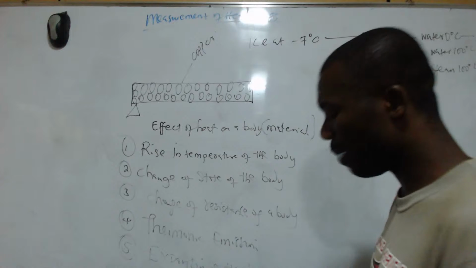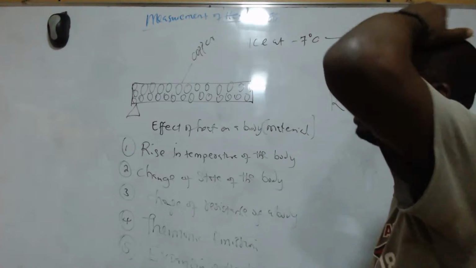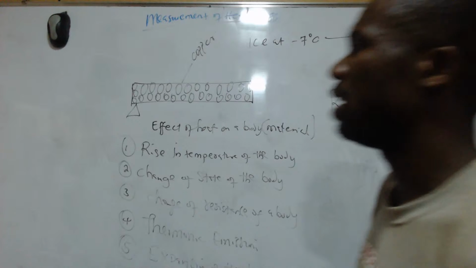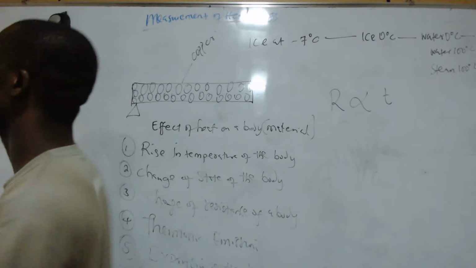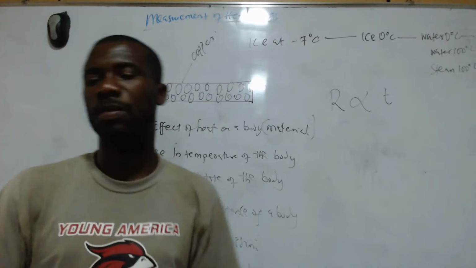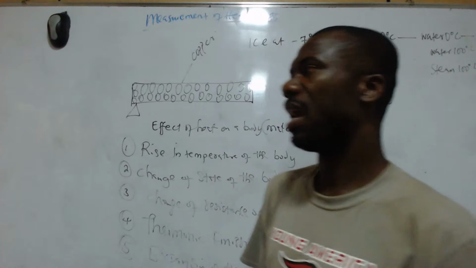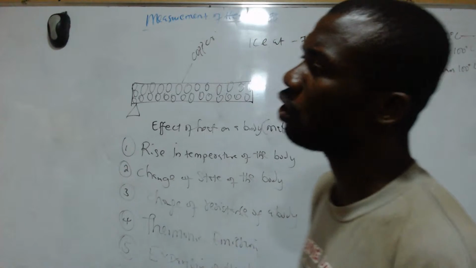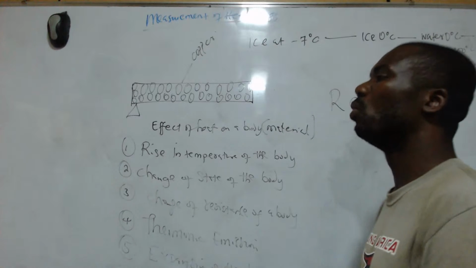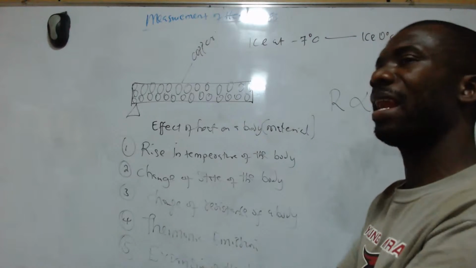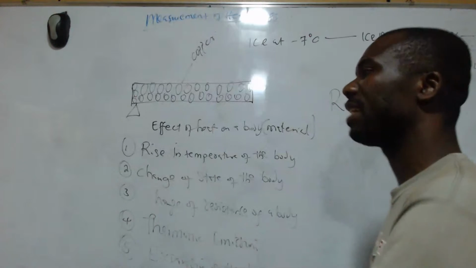Now let's talk about thermionic emission. Thermionic emission has to do with when light of sufficient frequency falls on a matter, something happens to the matter. Electrons are being emitted. Now, the amount of electrons that are emitted will depend on the frequency of the incident light.